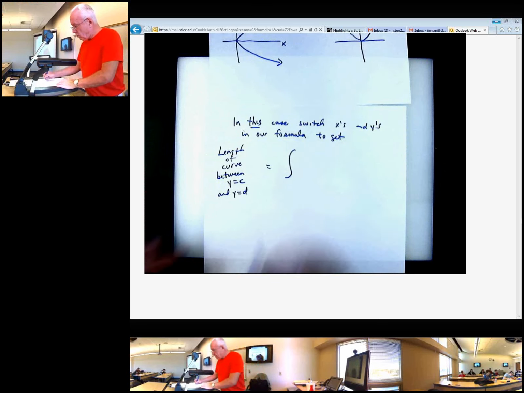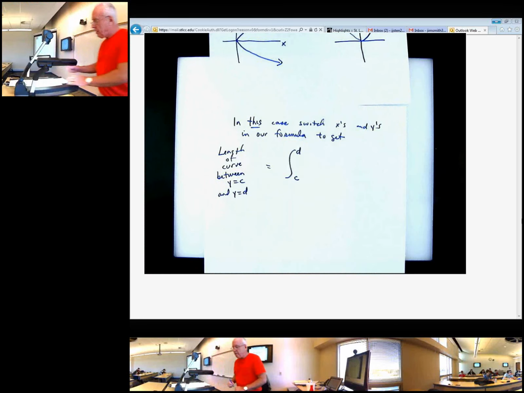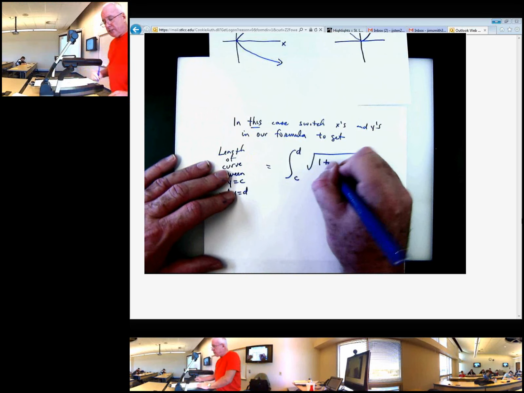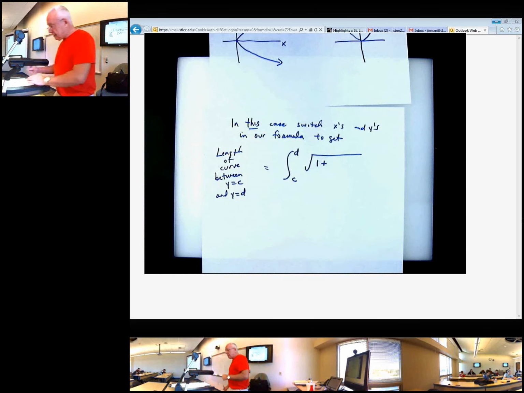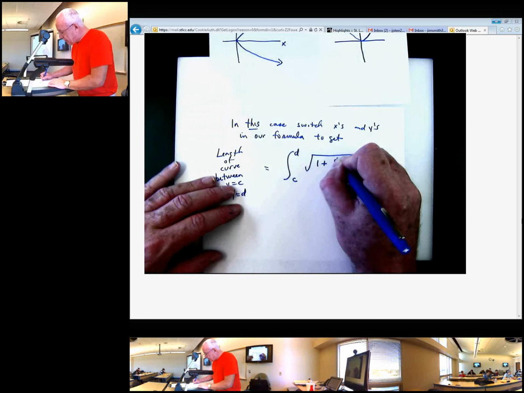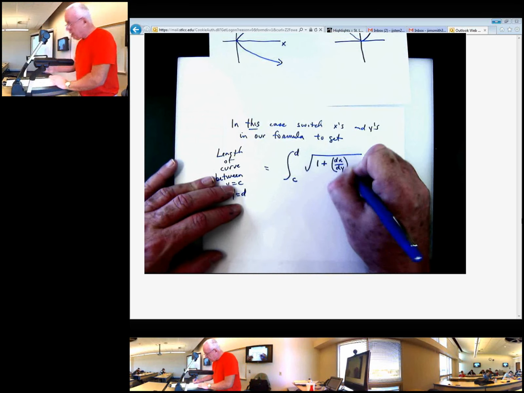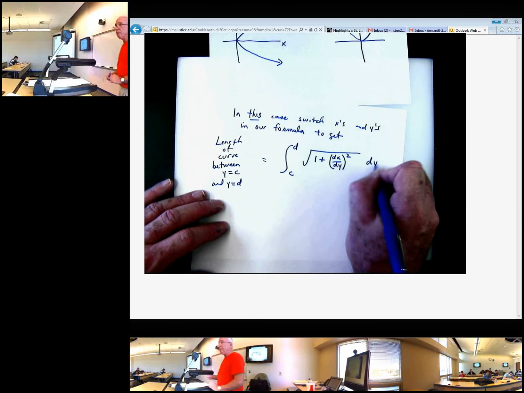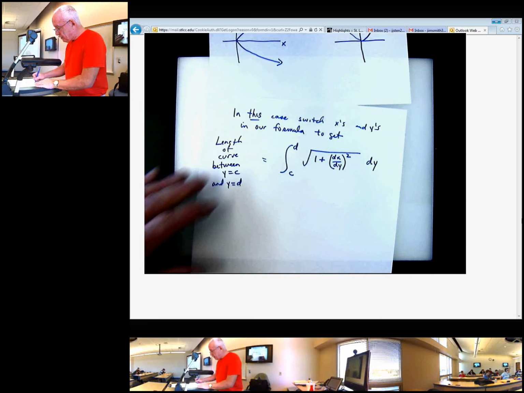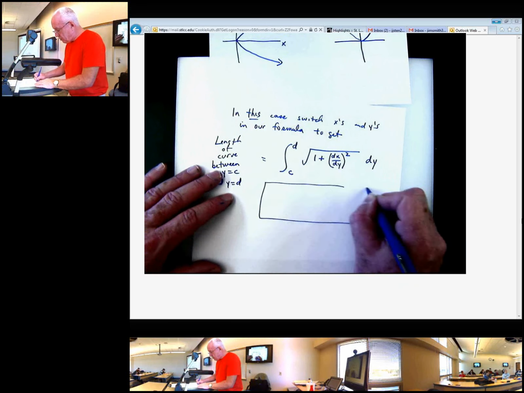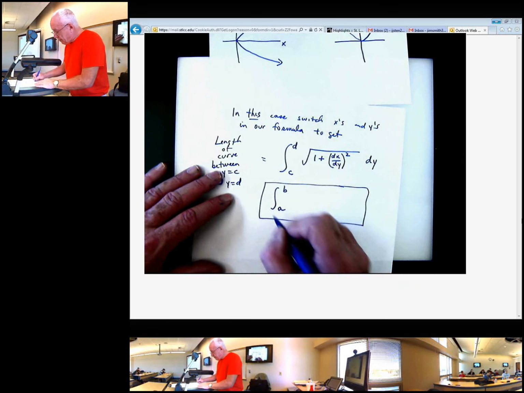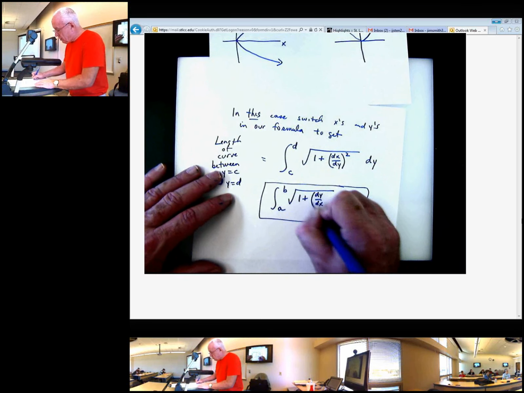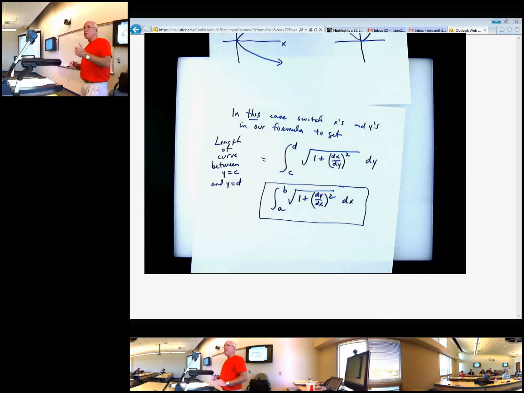Here we're going to have our lower y value, our bigger y value, and then we're going to have the square root of 1 plus, now instead of dy dx, we're going to have dx dy squared, and instead of dx, we're going to have dy. All right. So compare this with the other formula. The other formula was from a to b of the square root of 1 plus dy dx squared dx. So it's just switching the x's and the y's.